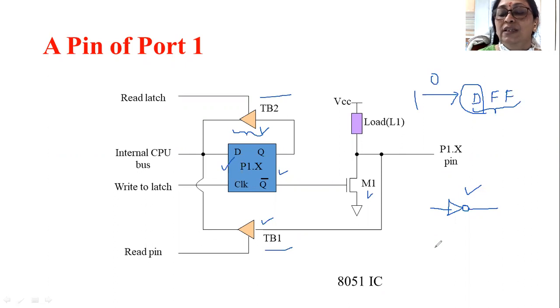Which symbol have I drawn on the screen? Saurabh, Vedant, Shraddha, can you tell me which type of gate this is? NOT gate, isn't it? This is a NOT gate. NOT gate is also called an inverter.